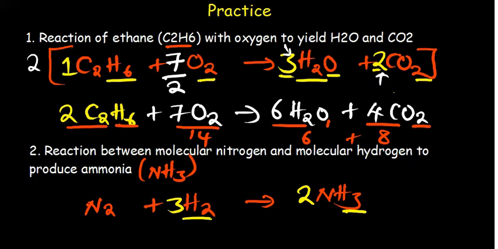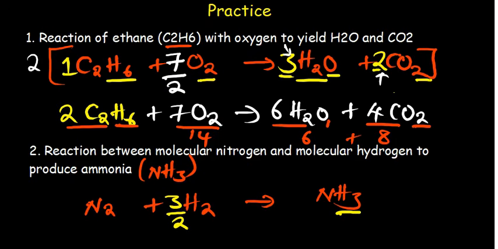What if you decide to start with balancing hydrogen? What happens? So we have 3 hydrogen atoms and 2 hydrogen atoms on the left hand side. The only way you can balance is we have got 3 there as a subscript, so we can multiply the entire one by 3. Now that will give us 6, so I would have to put a 2. 3 over 2, which is going to give us a 3. And then nitrogen, we have a 2 there.